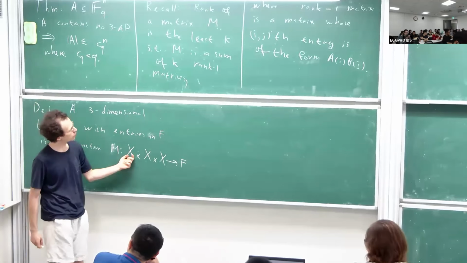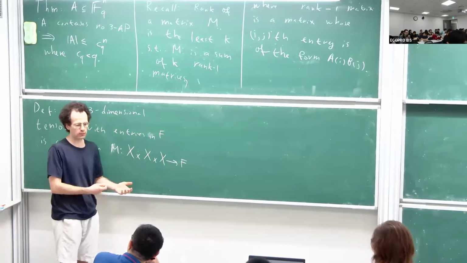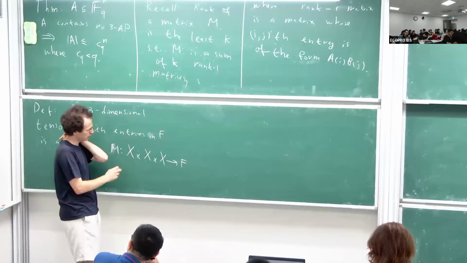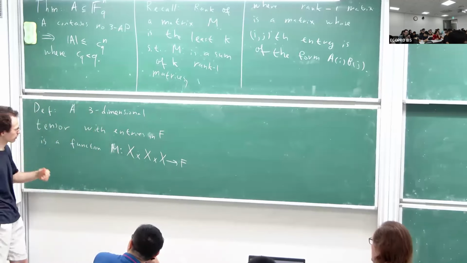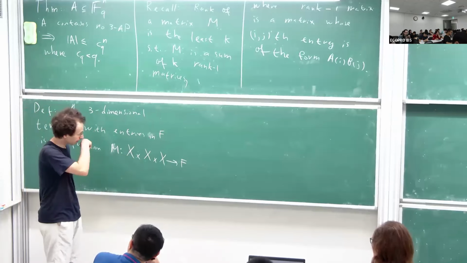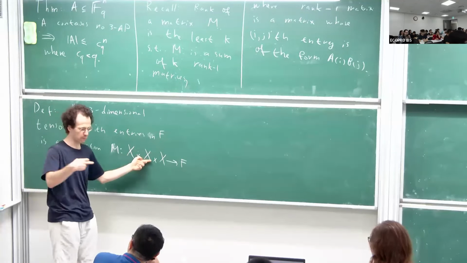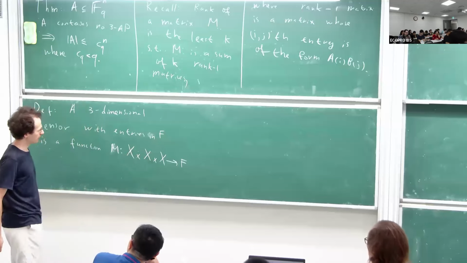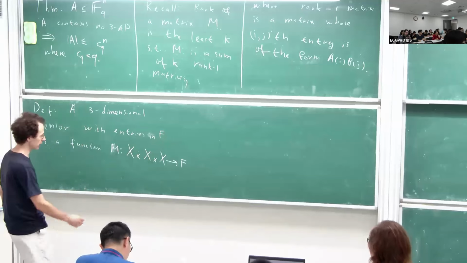Normally for matrices we use the numbers 1 through n, but we don't have to; sometimes I will have matrices indexed with some other object. So we will just use some set X, which could be 1 through n if you want, to index rows, columns, and the depth coordinate.